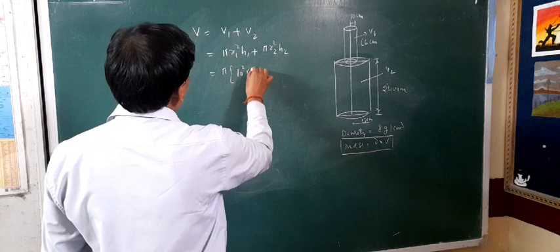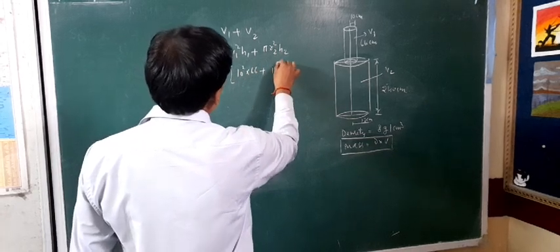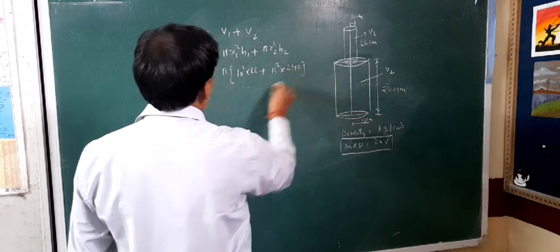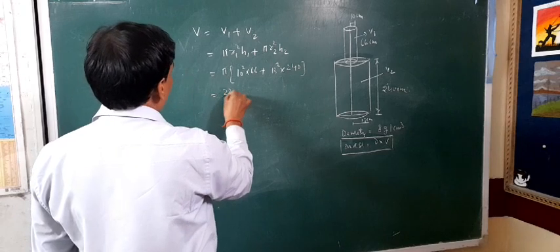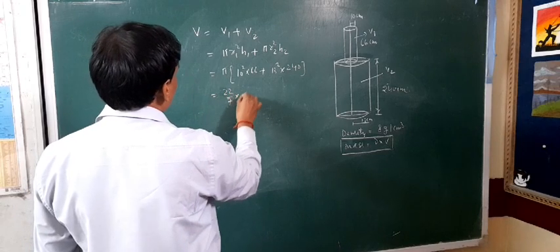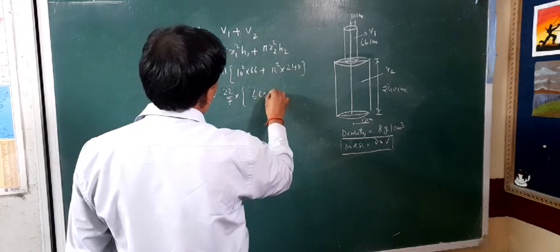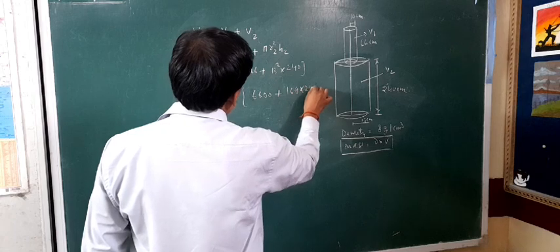So 10 square multiplied by 66 plus r2 square, 13 square, multiplied by 240. Now again you have a calculation part. In the calculation, 22 by 7, 6600 plus 169 multiplied by 240.